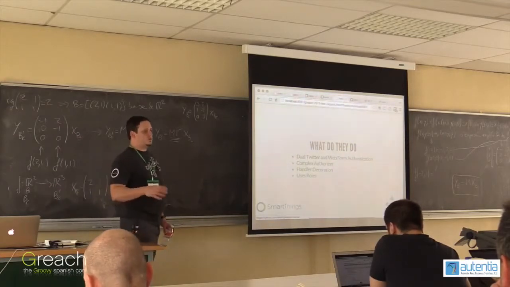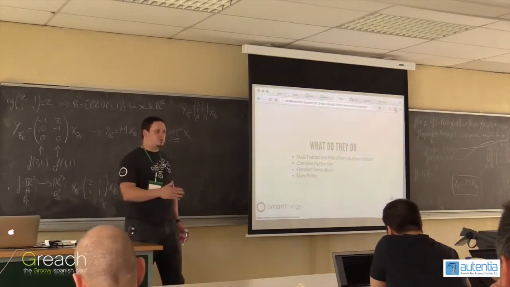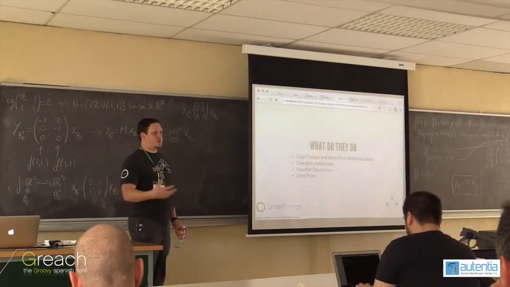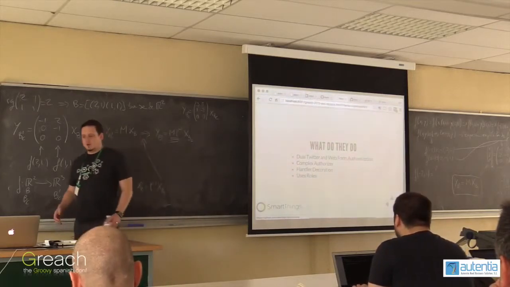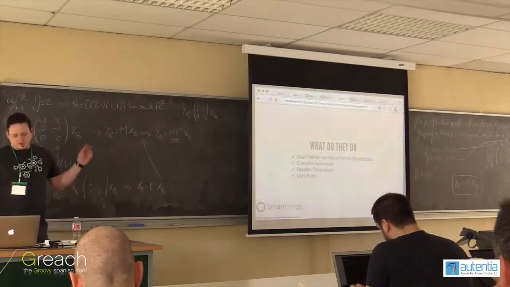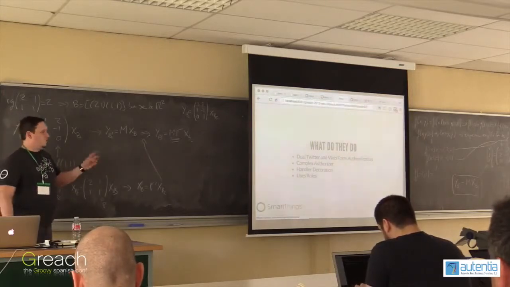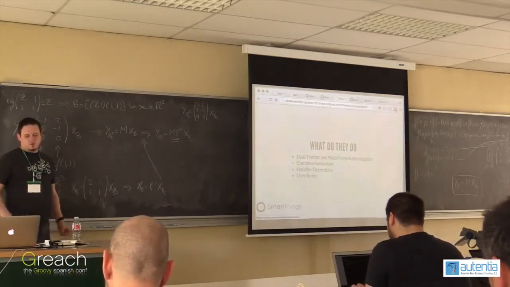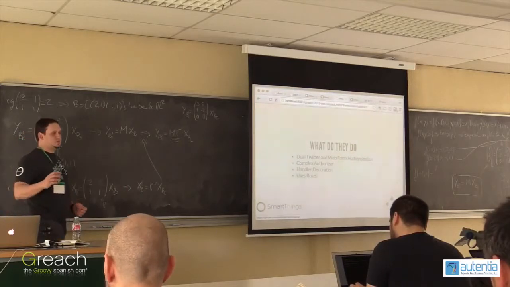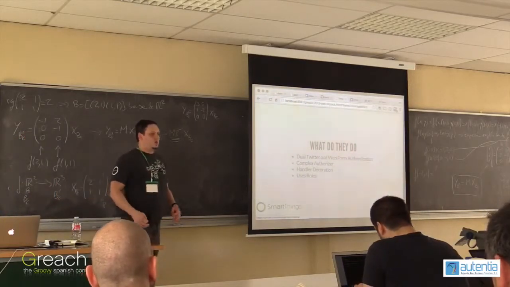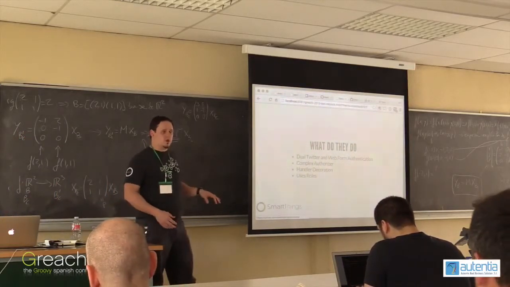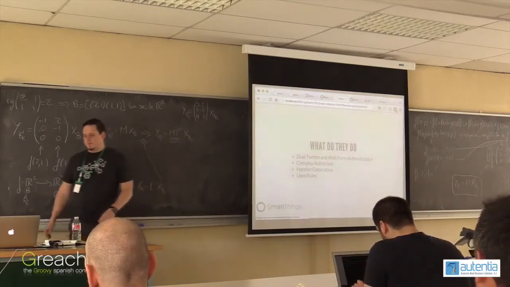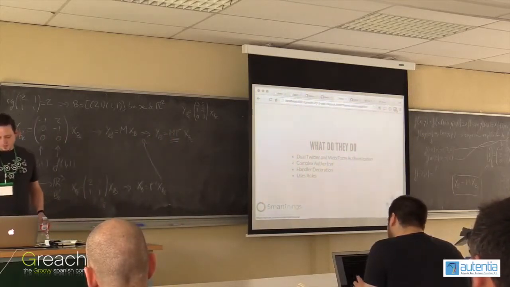One of the nice things with these modules and everything being pretty much simple classes is that it's very easy to extend at different points. They use a complex authorizer that we haven't really seen yet, and they use handler decoration, which is a little more advanced, but if you're doing modules, it's a really great way to go. They also have roles as well.